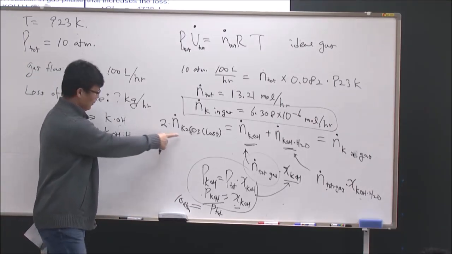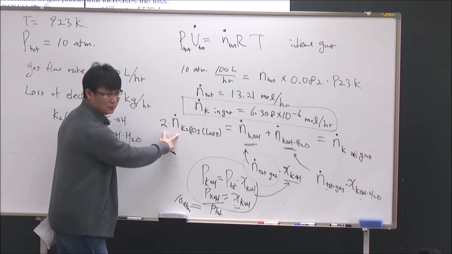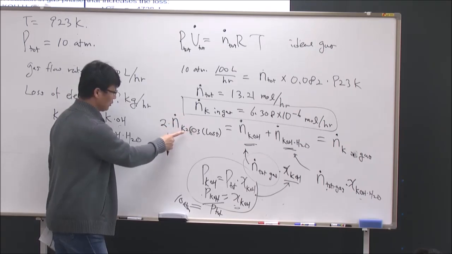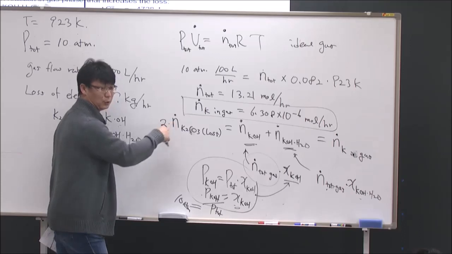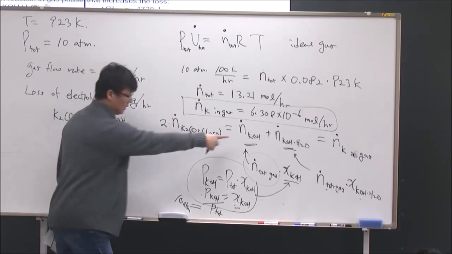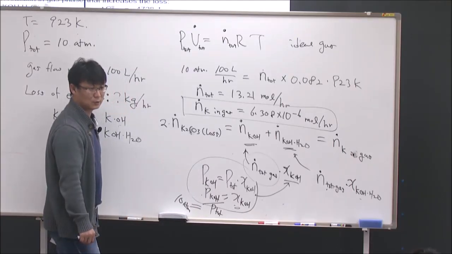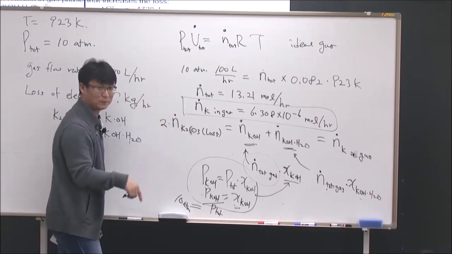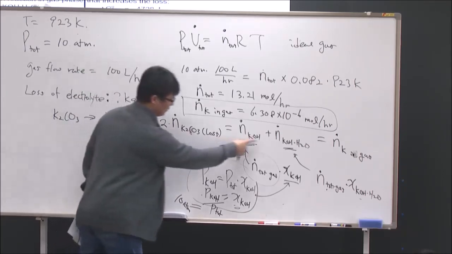If I'm losing 1 mole of K2CO3, it will produce 2 moles of K. I'm sorry about it, I made you confused. So if I have 1 mole of oxygen, it will produce 2 moles of mono-oxygen, so the mass balance is 2 times of this one, the same as 2 together.